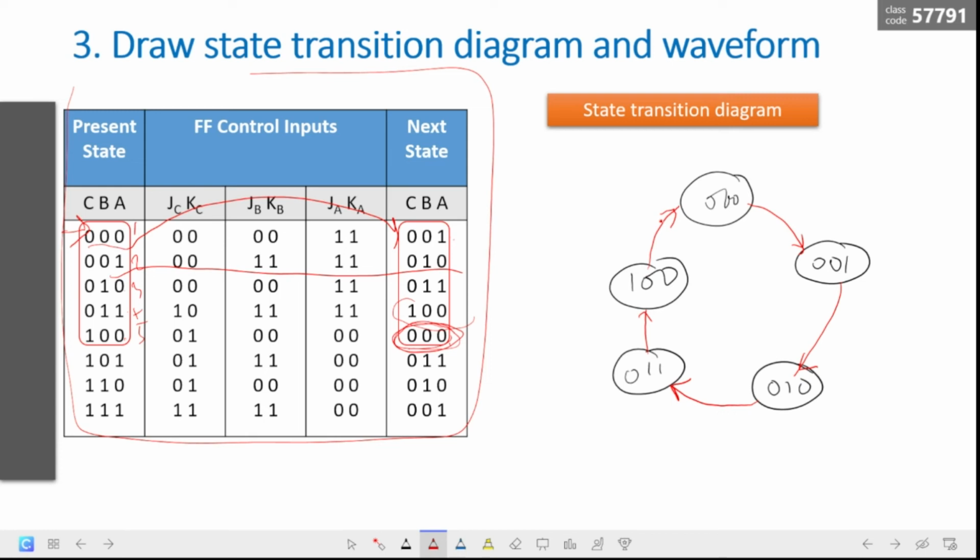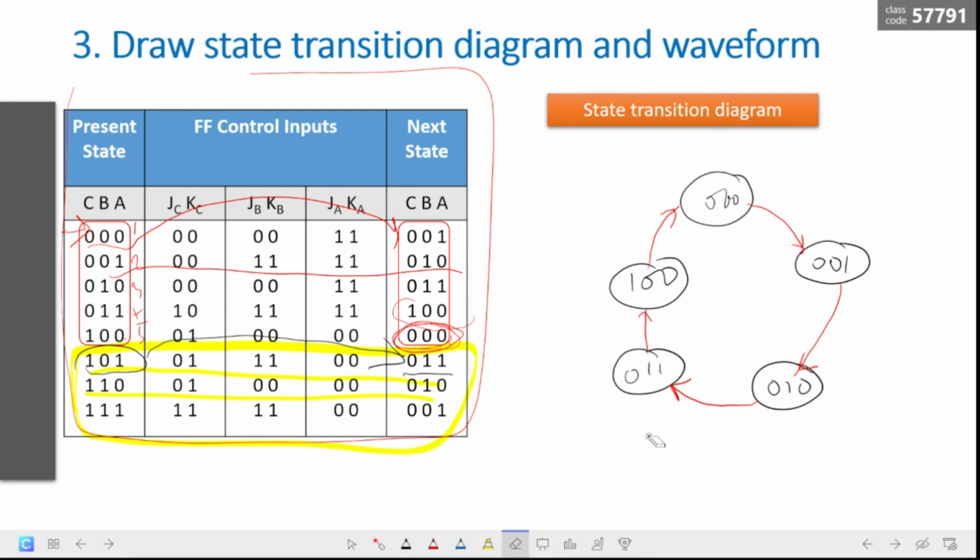Now look at the last three rows of this table. These are unused states. For this counter, whenever the counter comes to 101, it will change its condition to 011. So we put 101 near the 011 here.